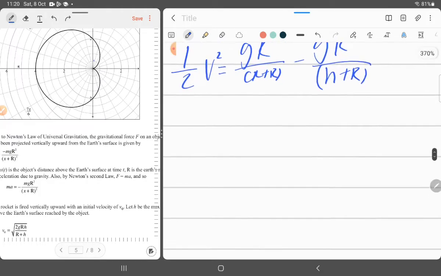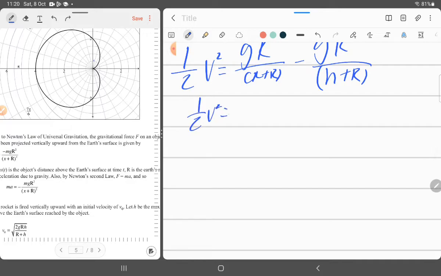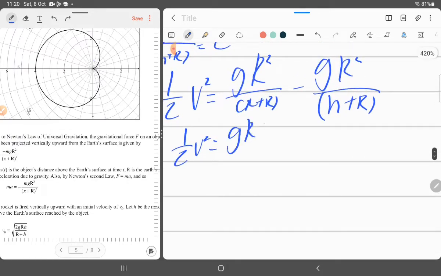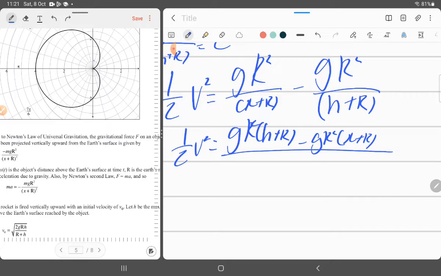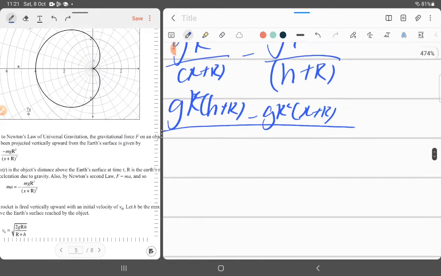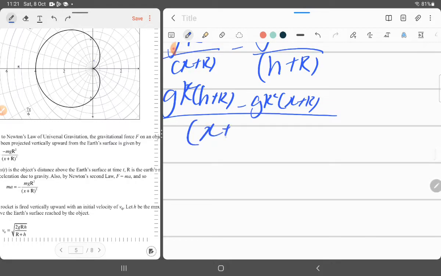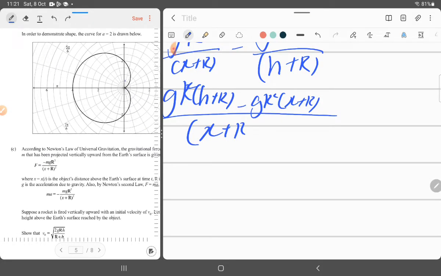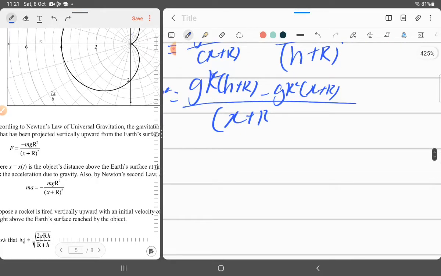We can multiply both sides out. Let me expand this out.